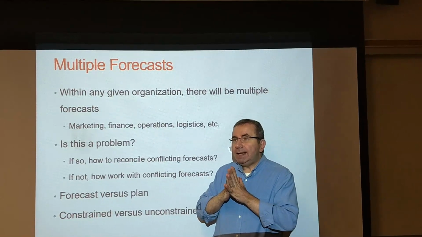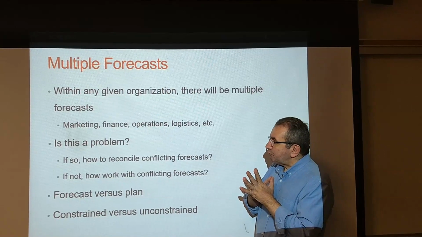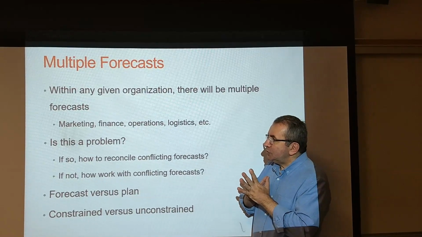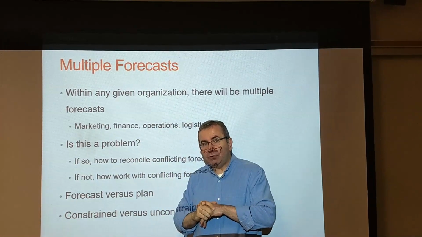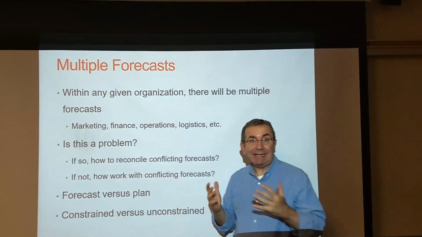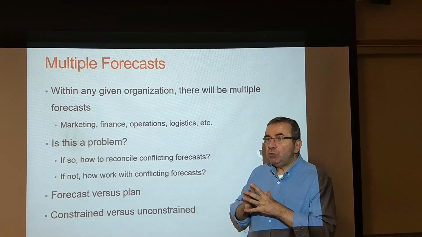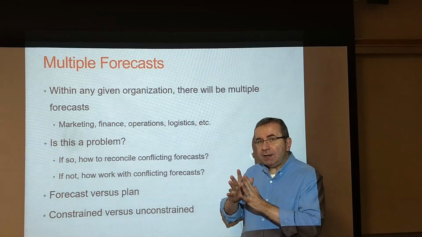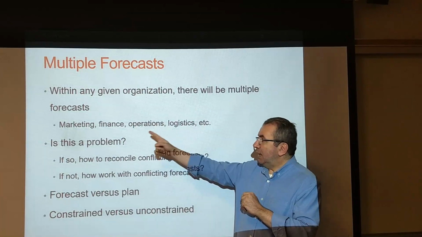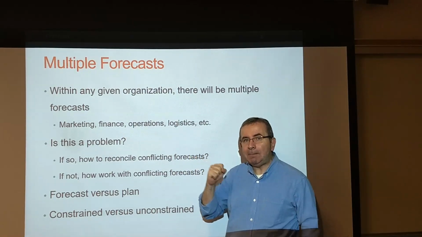Okay, because sometimes you can manage a company where each department has a different forecast. Okay, that's possible. But sometimes you want to run your company where every department has the same forecast. They share one common number.